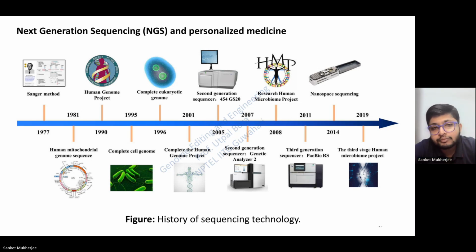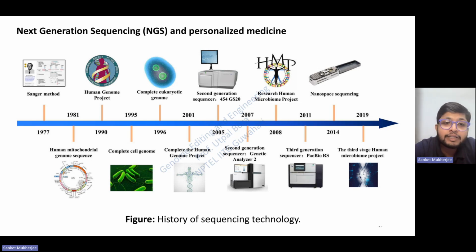That was done in the 1990s, and it took a lot of time, almost more than a decade. It took that much time because we were dealing with a lot of data and we did not have appropriate computational power to analyze, process or even store that much data. So that was one of the issues.